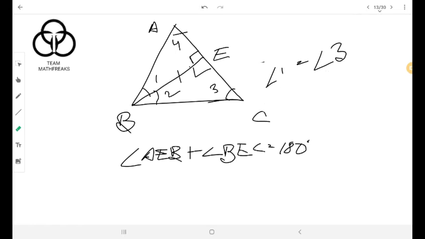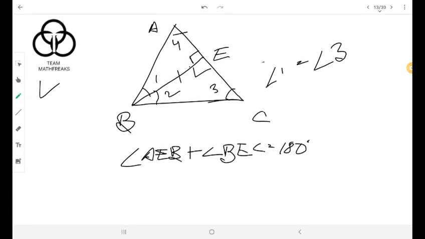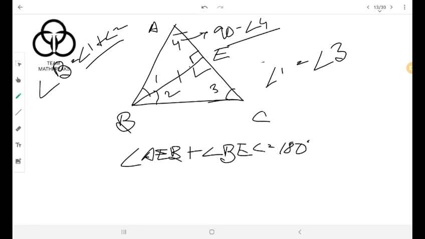In the second case, we have angle ABC equals angle 1 plus angle 2. Angle B equals angle 1 plus angle 2. Now you just think, this is 90 degrees. This is 90 minus angle 4. Am I correct?